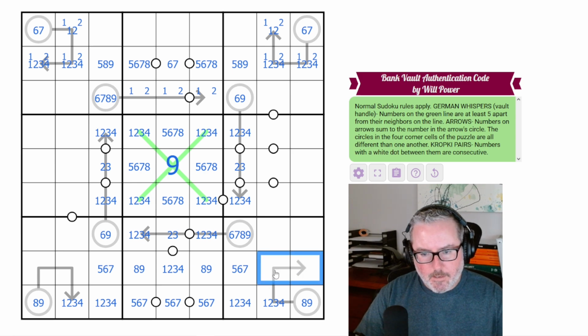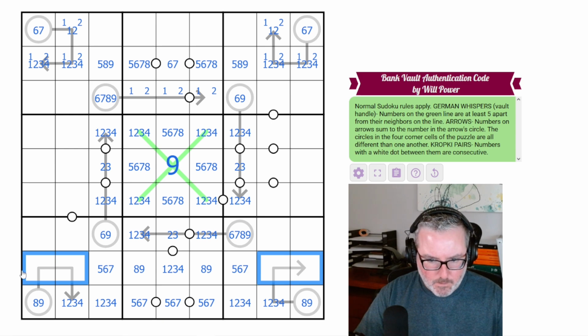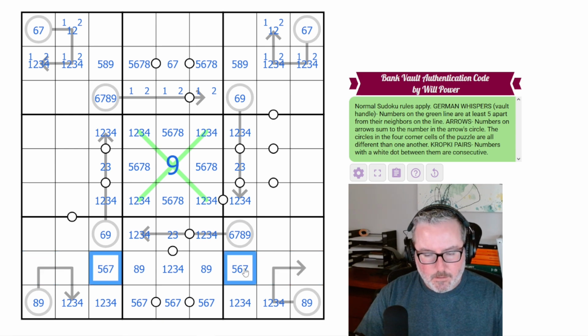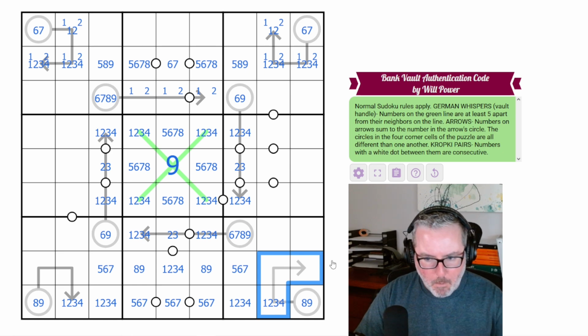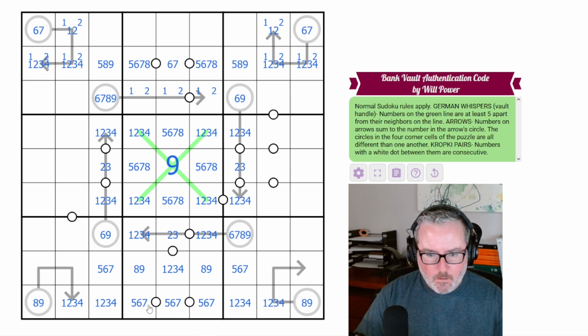We know that there can't be a 7 on one of these, so one of these two is 7. Now the 6, on the other hand, could still go on one of these two, because it could be a 6, 1, 2. Why don't we just do the easy stuff first? This is 6.